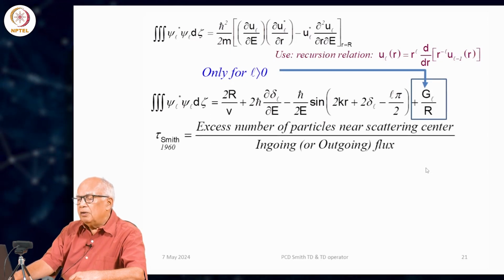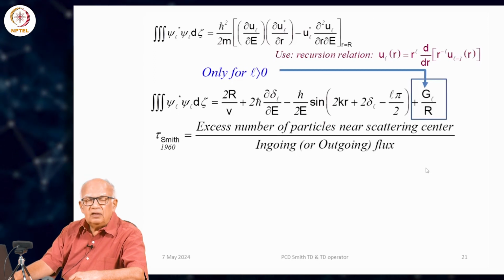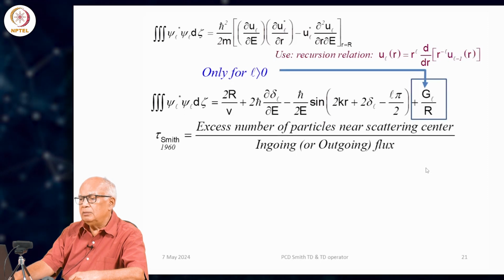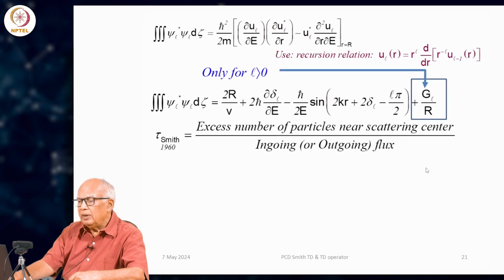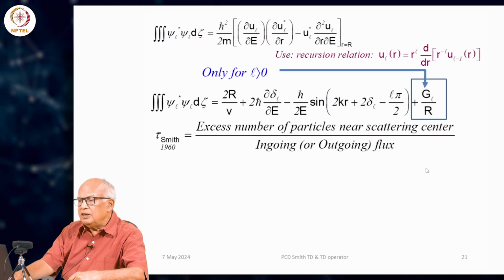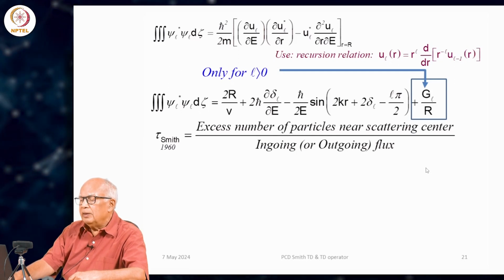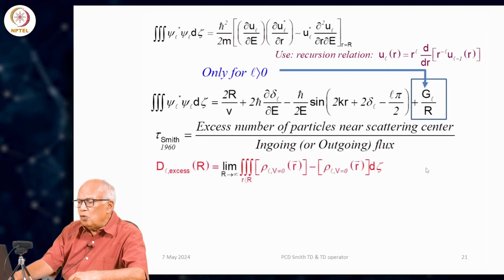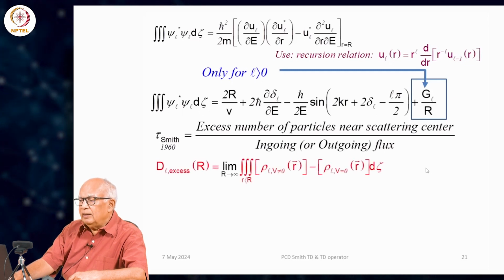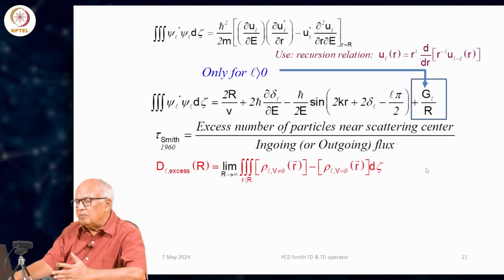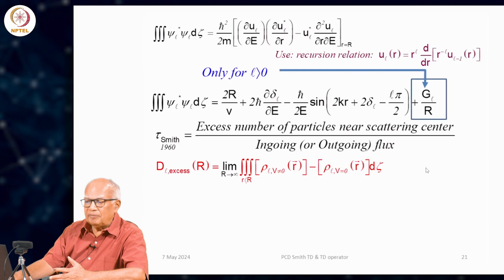So now we have almost everything that we really need for our analysis. The Smith time delay is introduced as the excess number of particles near the scattering center divided by the ingoing flux, the excess number of particles represented by this difference in the densities.